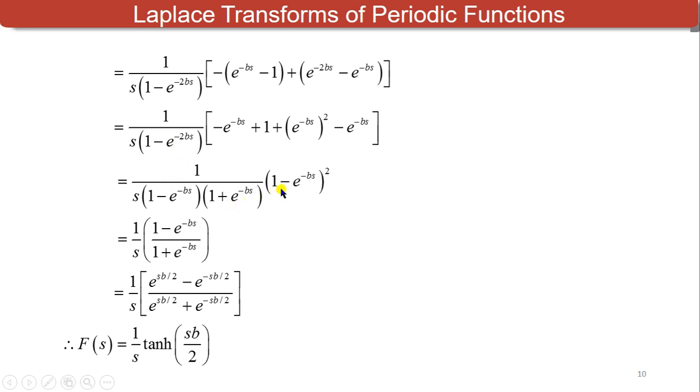So a minus b whole square, here a minus b, so one term can be eliminated. Now we have 1 by s into 1 minus e power minus bs divided by 1 plus e power minus bs. I told you already, 1 minus e power minus theta divided by 1 plus e power minus theta is what? Tanh theta by 2. Here theta is bs. So 1 by s into tanh of bs by 2. Okay, so the problem comes to an end now.